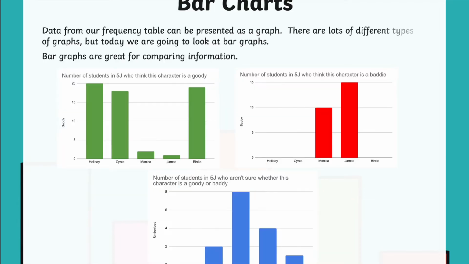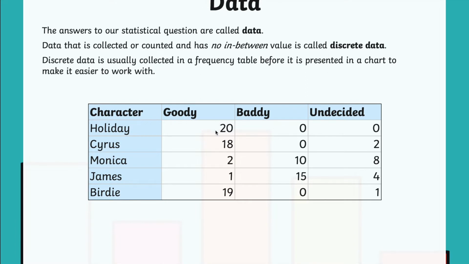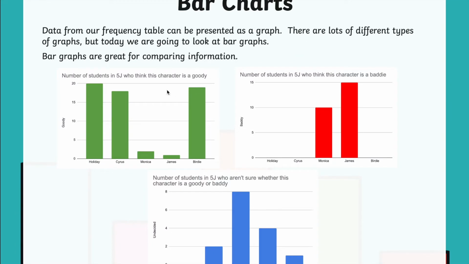Then I've created a visual representation of that information. So in my data, you can see that 20 people thought Holiday was a good character, and there's a visual representation that 20 people thought Holiday was a good character.